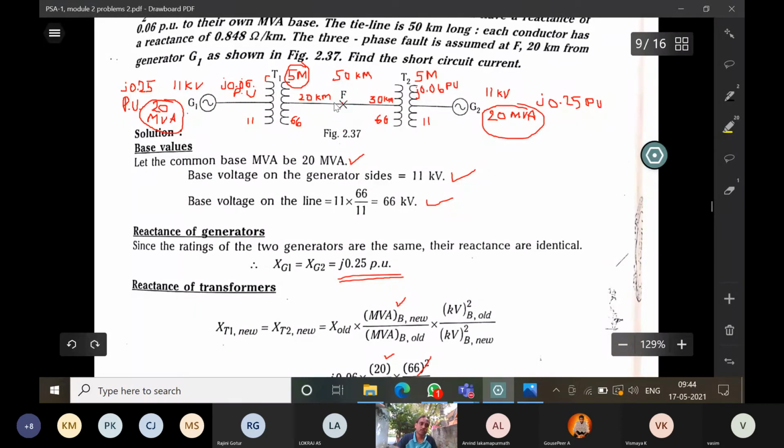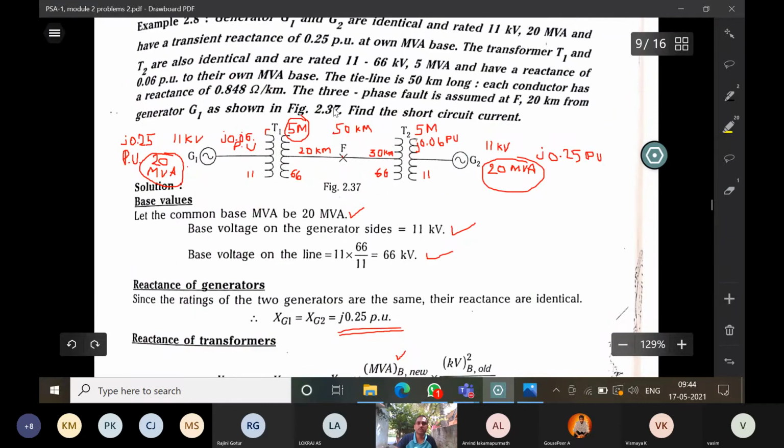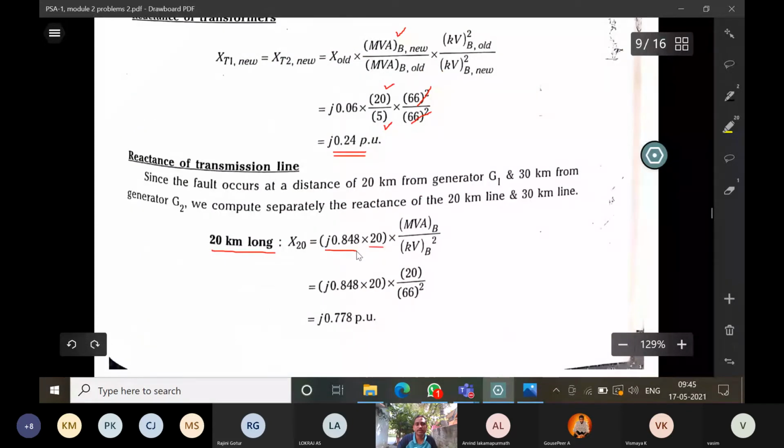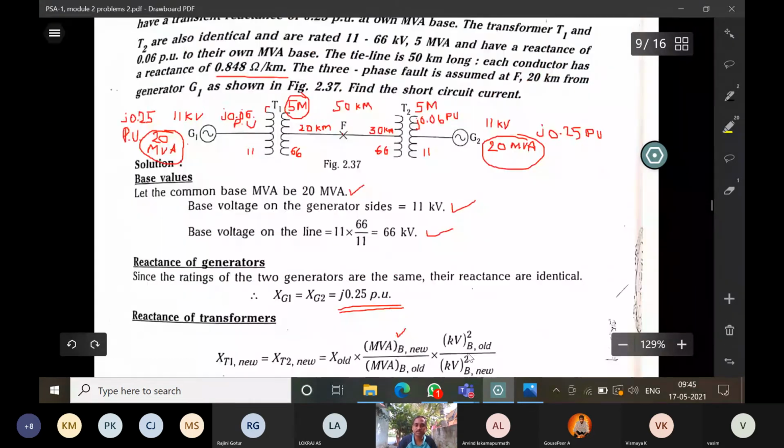For that, 20 kilometer into 0.848 ohm per kilometer, from generator 1 to the fault point. The MVA base is 20 MVA, the new base taken for all sides, and kV square is 66 square because it is the HT transmission line.